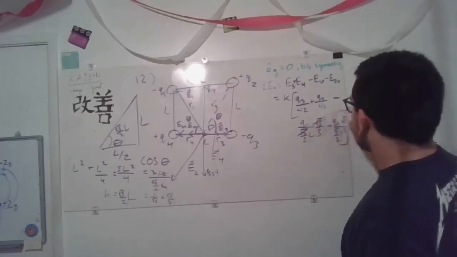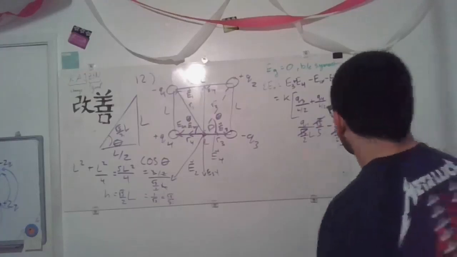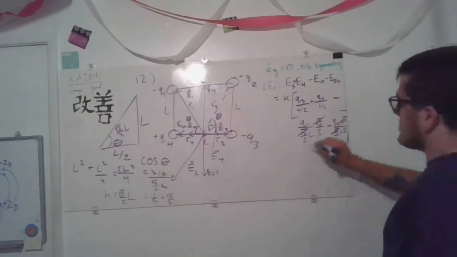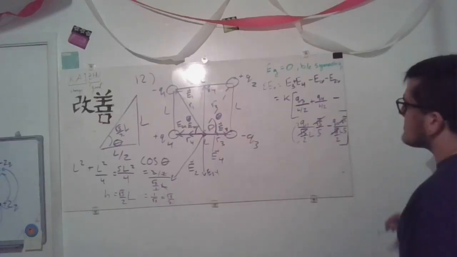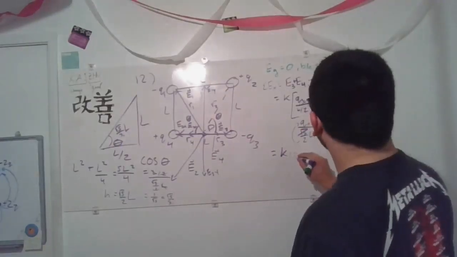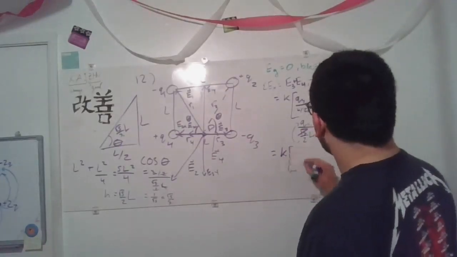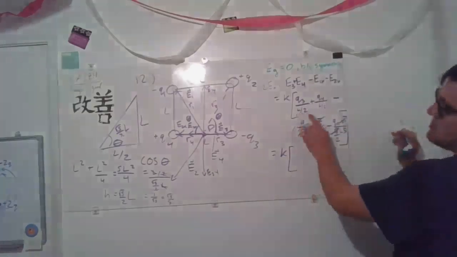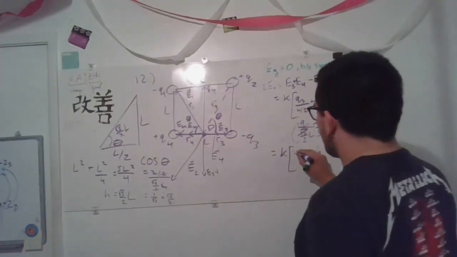This rad 5 will cancel out with this rad 5, just like that. And then this 2 will go up, right? 2 will go up. So in the end, you'll have K. If I take this L by 2, the 2 will go up.